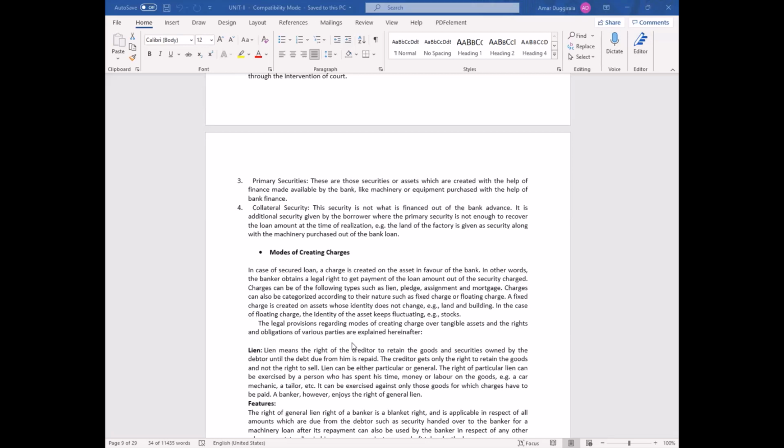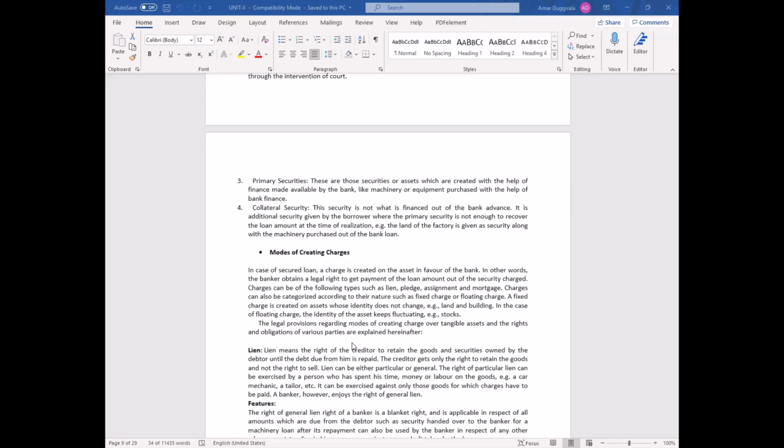However, the banking institution, the financial institution, doesn't have a right to sell the assets to take the amount. This is the first type of charge that is created. The security is given to the bank on legal right of the bank to retain the security, retain the property, not having a right to sell it off to gain that.